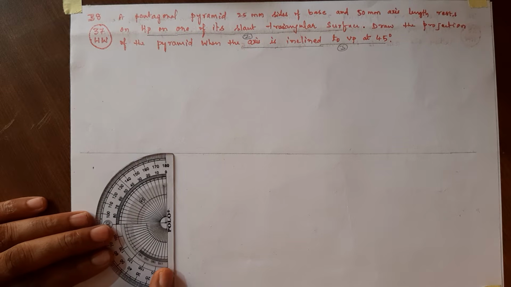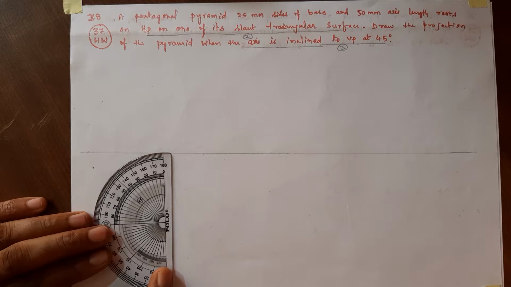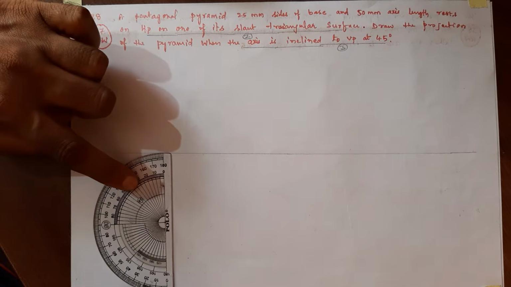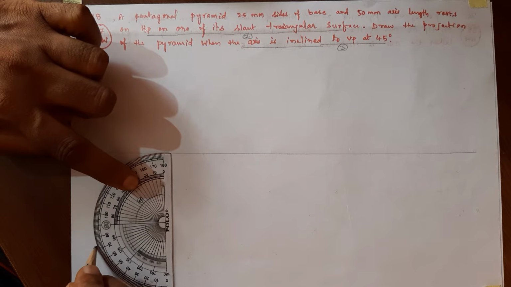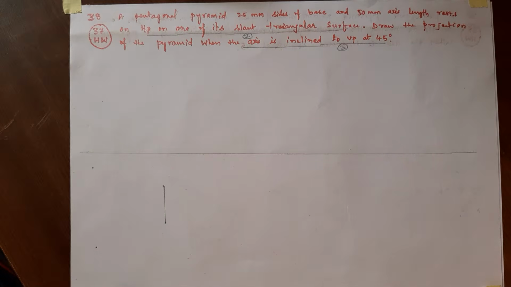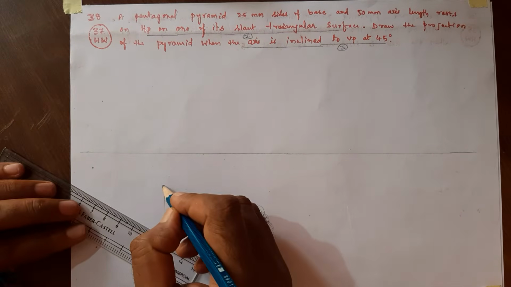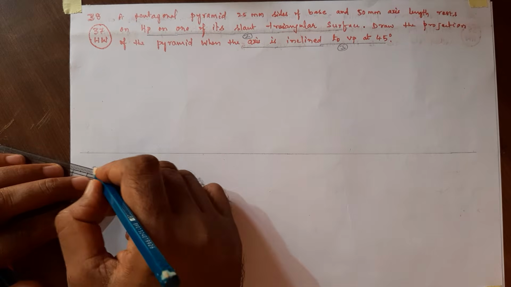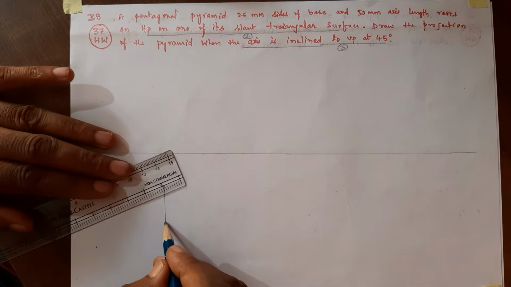Measure 72 degree in clockwise direction. See, in clockwise direction, this is the 72. Join those 2 points to the vertical line.